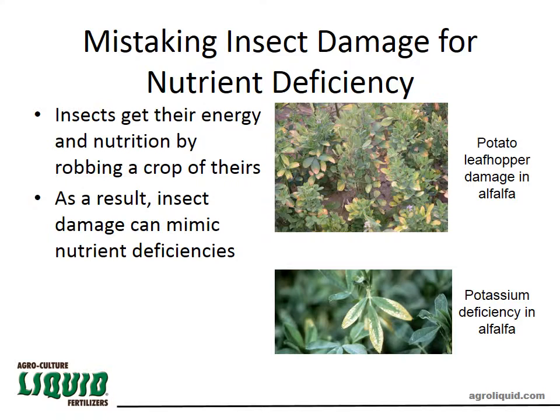It's because the insects are robbing the plant of them. So we just need to make sure that we're doing our due diligence, scouting those fields and really looking at everything that's taking place in that field so that we make the correct diagnosis and get rid of the insects rather than adding additional fertility when it's not needed.